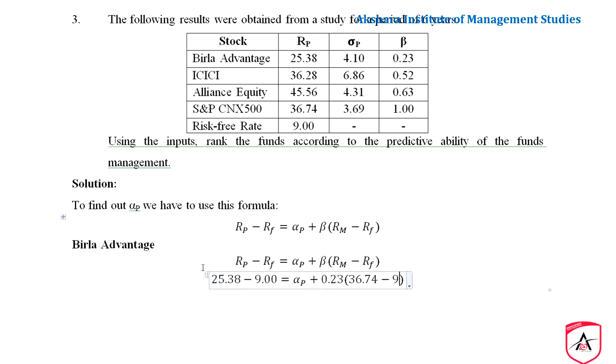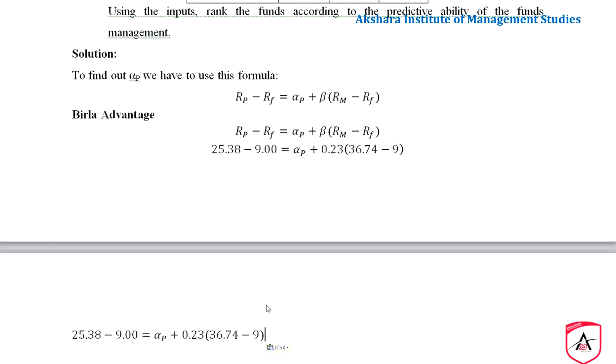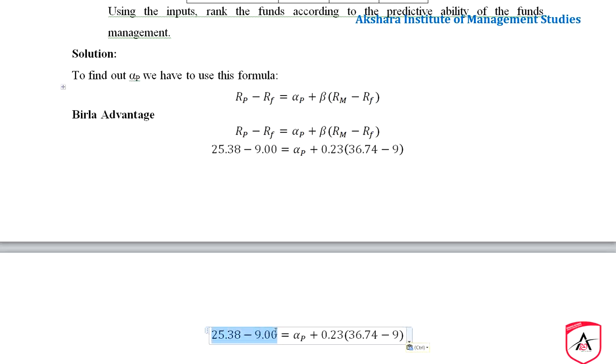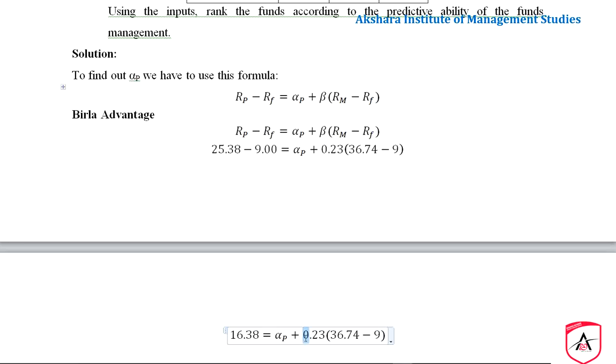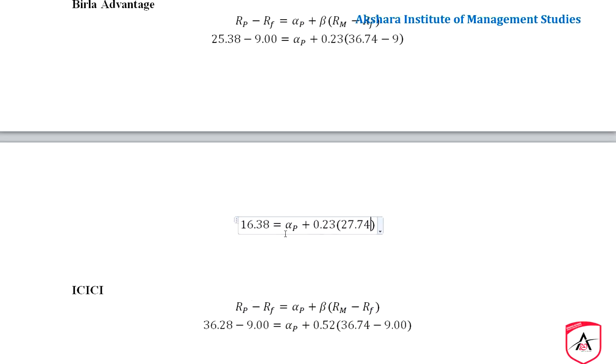So we have this, and now we have to calculate the values. 25.38 minus 9.00 becomes 16.38. If you use the calculator, you are going to get this. Next, 0.23, let it be like this only. And if you deduct 36.74 minus 9, it is going to be 27.74.